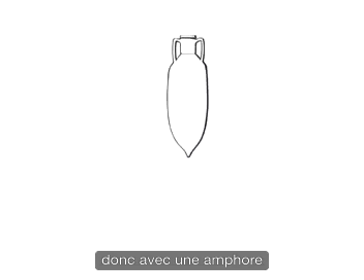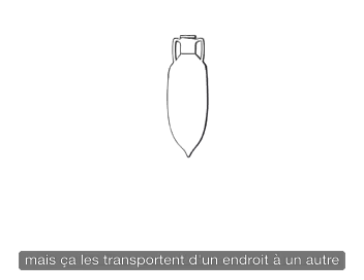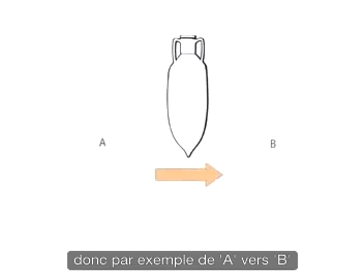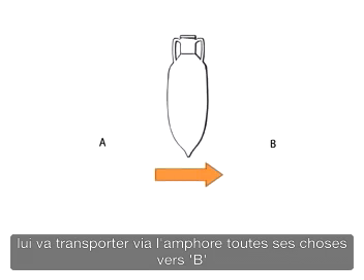So with an amphora, it is a vessel for carrying things, but it carries it from one place to another. So for example, from A to B. So B is going to be his amphora, and it's going to carry all his stuff.